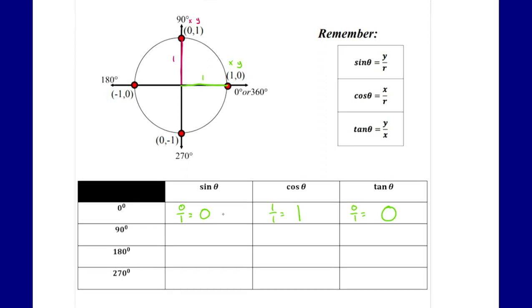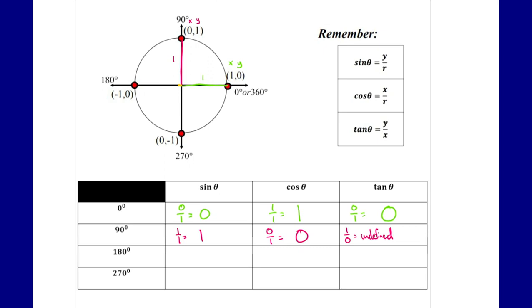So for sine theta, y over r, or 1 over 1 equals 1. For cosine, x over r, x is 0, so 0 over 1 is 0. And then for tan, y over x, or 1 over 0 is undefined. You get an error. You can't divide by 0.